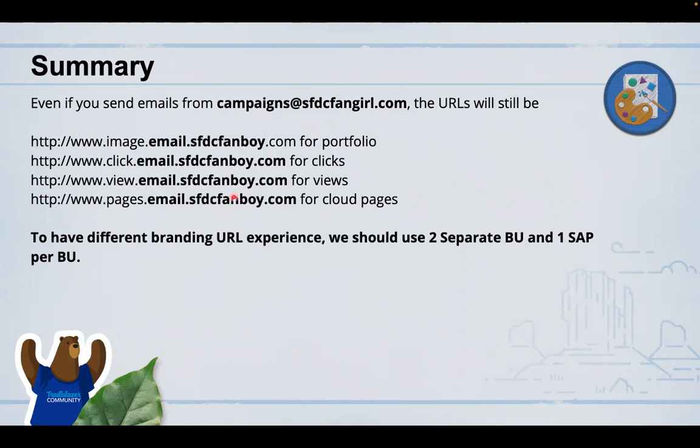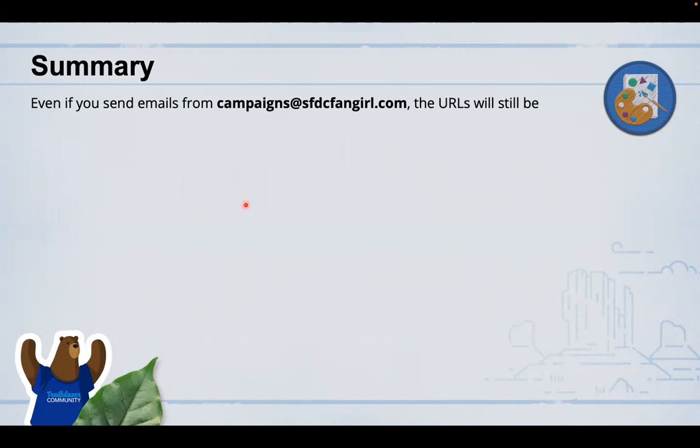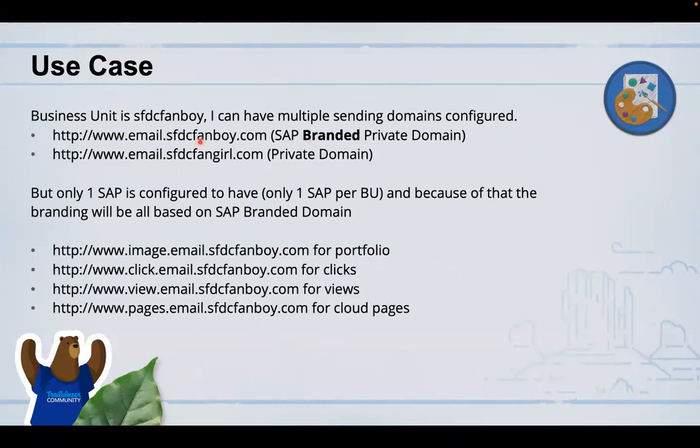So in this example, my SAP domain is this. I can still send from other domains, but all the images, the clicks, the views, and the cloud pages will still use my SAP domain. My SAP domain is Fanboy, and I purchased another domain, Fangirl. This additional domain will be used only for sending purposes. It won't change the branding.